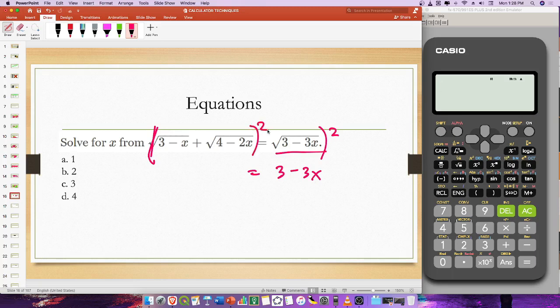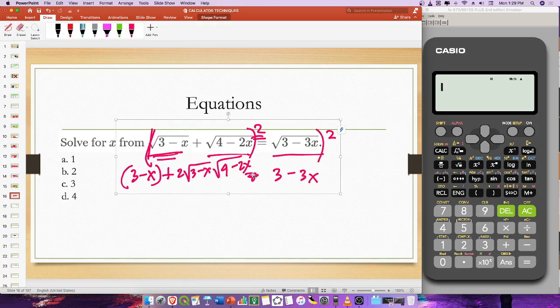The first term is 3 minus x, plus 2 times this term and that term, that will become 2 square root of 3 minus x, square root of 4 minus 2x, plus the square of the last term, which is 4 minus 2x, equals 3 minus 3x.